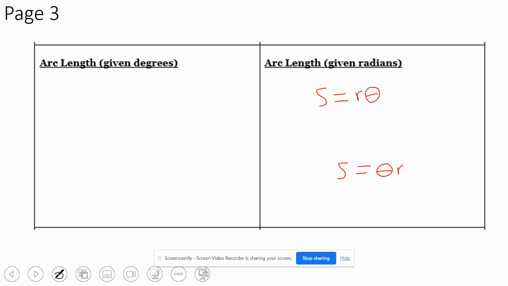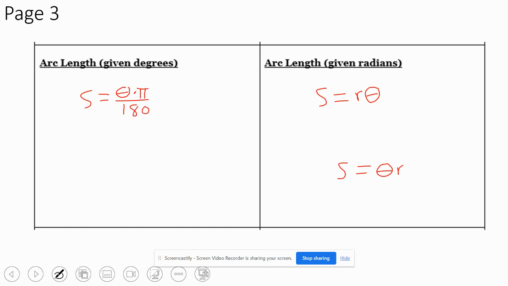And then if you want to put this in degrees, remember we're just doing the same exact thing. I'm taking basically theta times r, but I want to convert theta into radians. So if theta is given in degrees, you need to multiply by pi over 180 in order to convert it into radians.